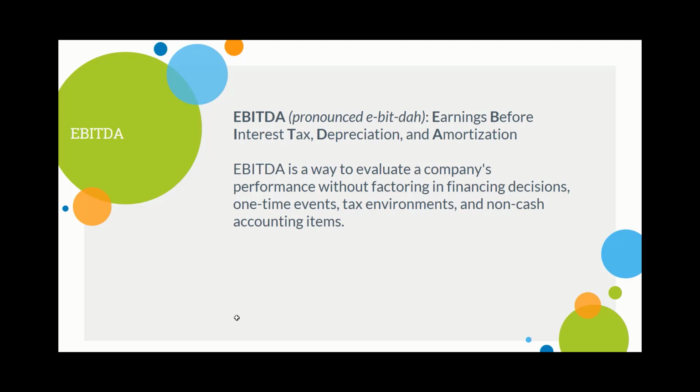Maybe you have some special tax treatment that lowers your tax rate. That's not your true profitability. And then we have other non-cash accounting items like depreciation, amortization, stock-based compensation, and things like that. We want to get above that as well. So we want to get to the true profitability of the company, and that is why we use EBITDA.